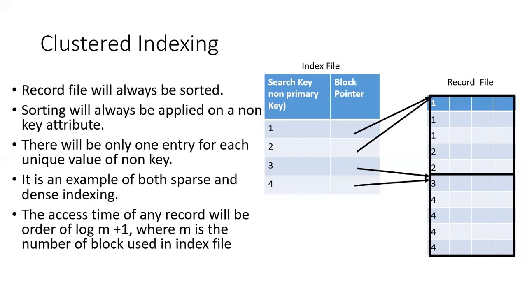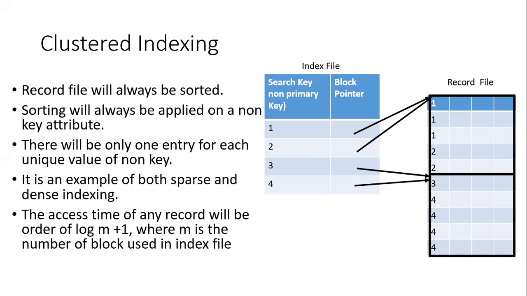So in clustered indexing, we use sparse indexing, and we also call it dense indexing, because every non-key attribute value is present in the index file.